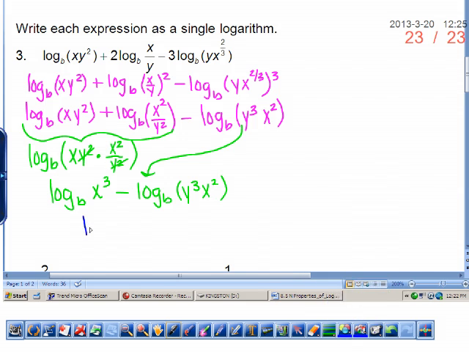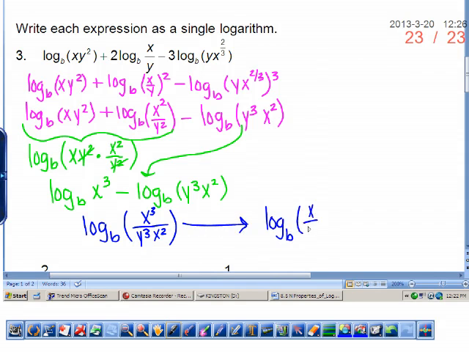So this is going to be log base b of x cubed over y cubed x squared. Can that simplify at all? Yes. What can that give us? Okay, so log base b of x over y cubed.